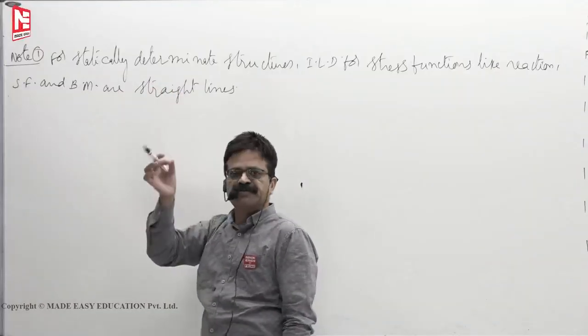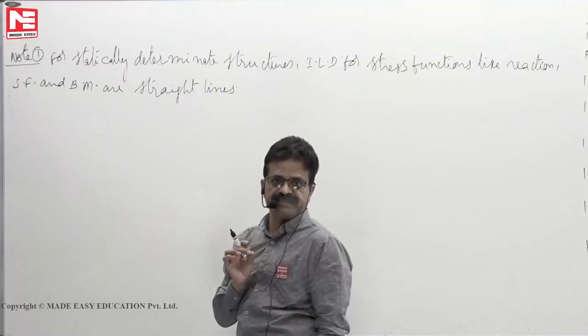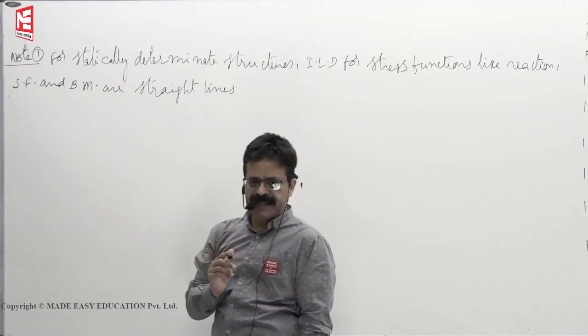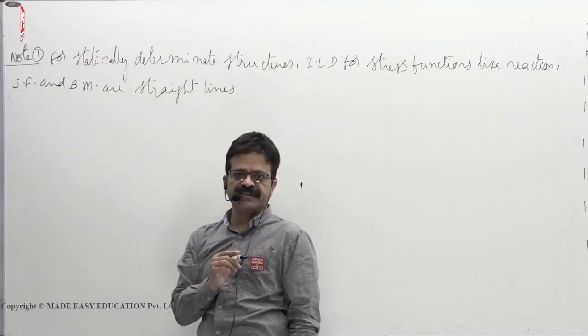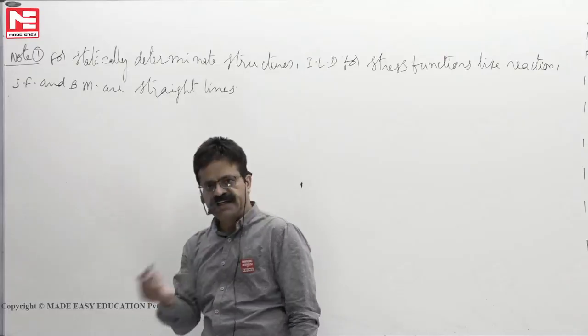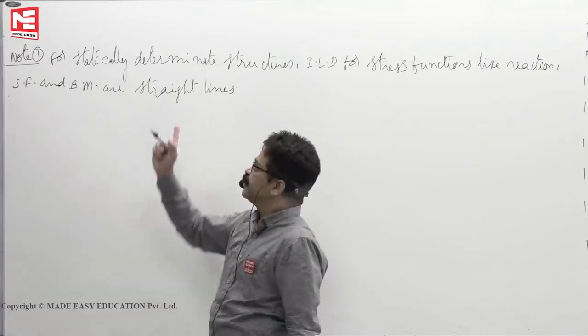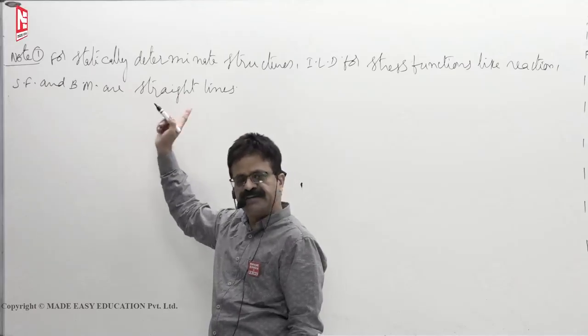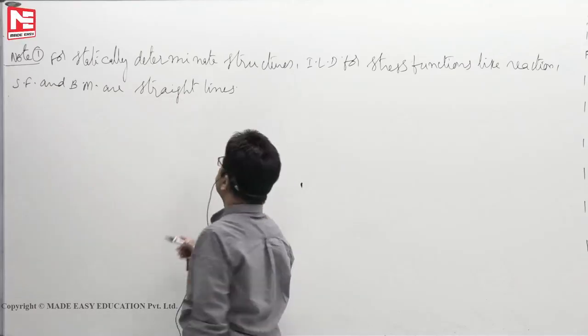For a cantilever beam, if I want to draw the ILD for deflection, we can draw the ILD for deflection also. Any quantity you take, you can draw. Then you will get a third degree curve for that, because due to a point load, deflection is a third degree curve. So the ILD is also a third degree curve. But for the stress functions, reaction, shear force, bending moment, they are straight lines.